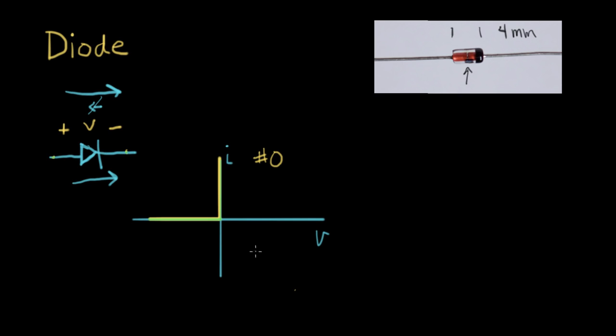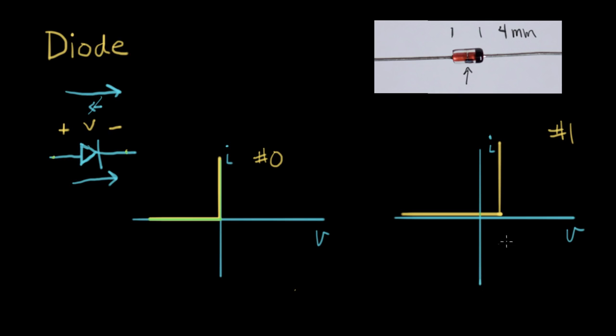Now, when we build real diodes, we don't quite get that perfect behavior. In particular, if we build a diode out of silicon, I'll go to a number 1 model. A silicon diode actually doesn't conduct until a slight positive voltage, and then it would go up like that, where this is around 0.6 volts.